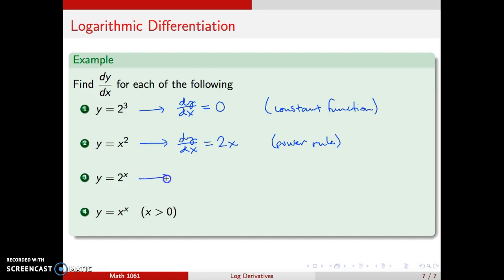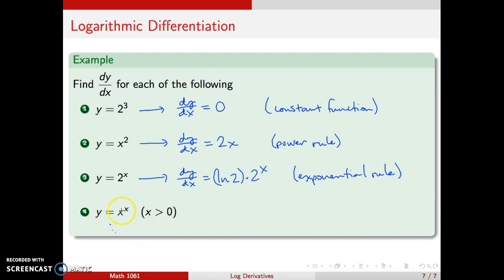For this one, we've got the exponential rule.